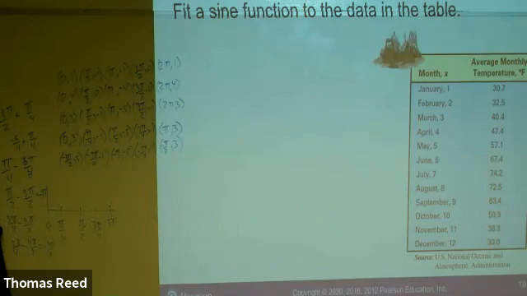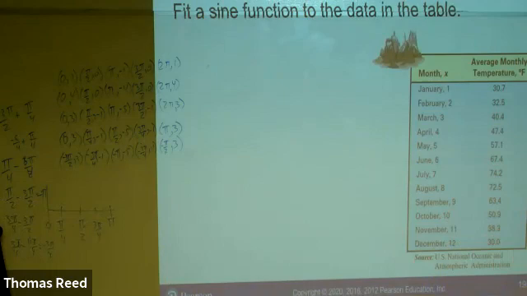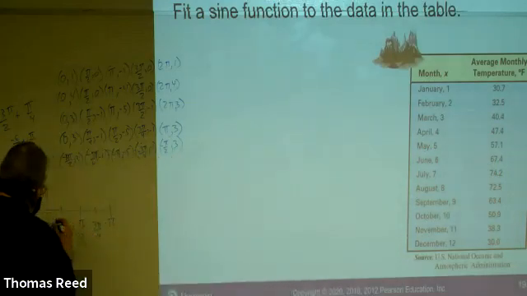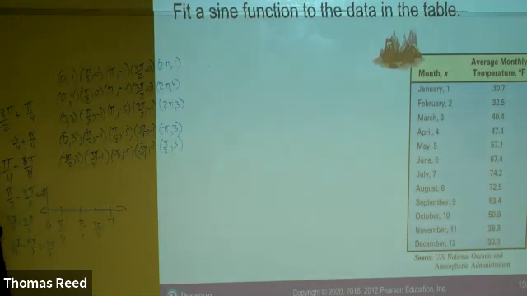So now they're talking about fit the sine function to the data. One way to do this is to find out where's your x-axis? The x-axis may not be on 0. So the x-axis is supposed to be halfway between the low value and the high value.